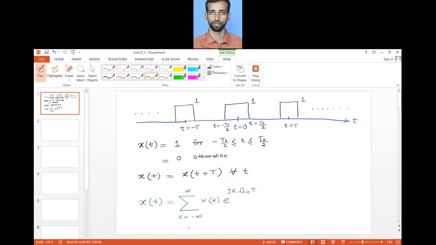That is the Fourier series expression. And how do we find the corresponding Fourier coefficients x of k? That Fourier coefficient x of k, I think we can shift it over there.